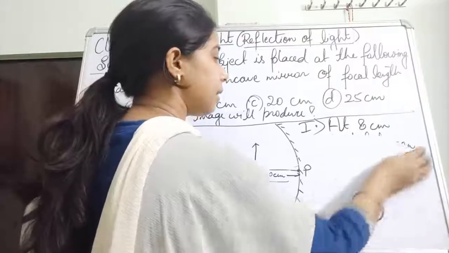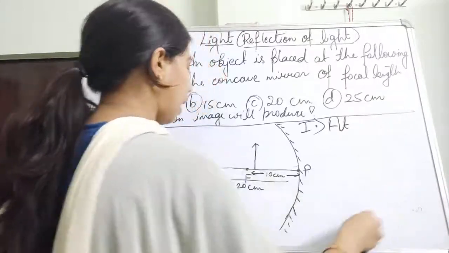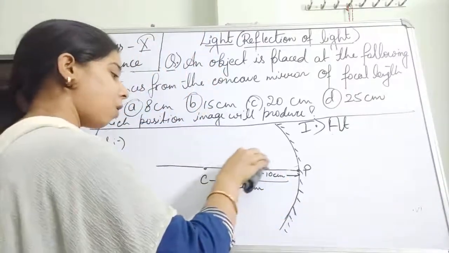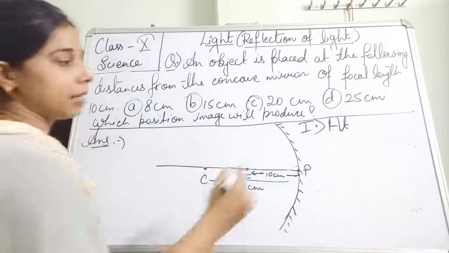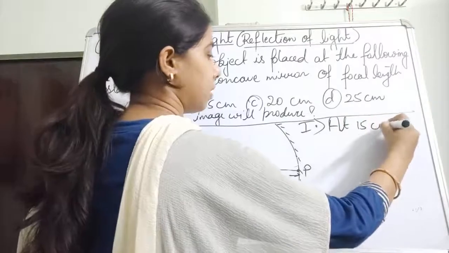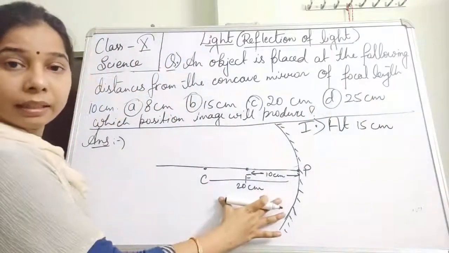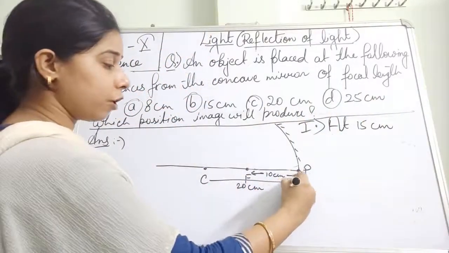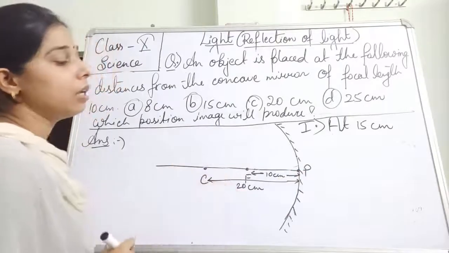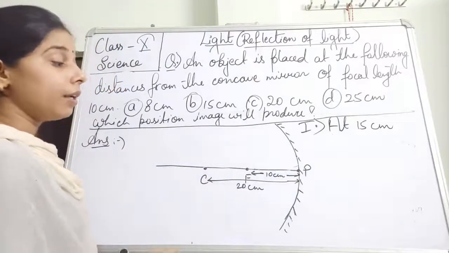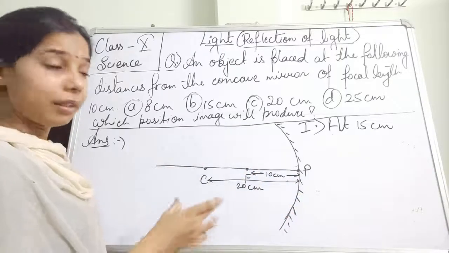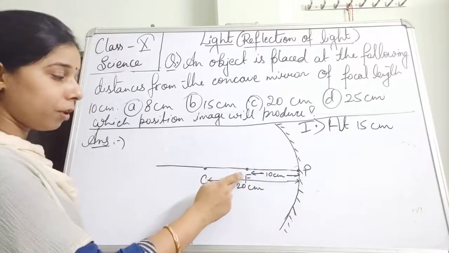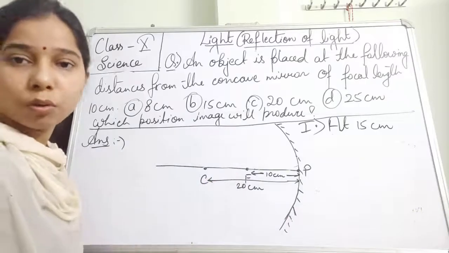Now let us see the second case. What happens when we keep the object at 15 centimeter? The distance from the center of curvature to the pole is 20 centimeter, and from focus to pole is 10 centimeter. So obviously 10 to 20 is from the focus to the center of curvature.